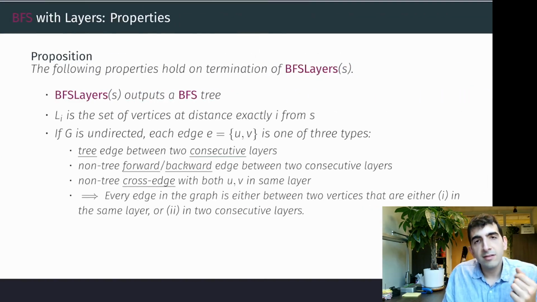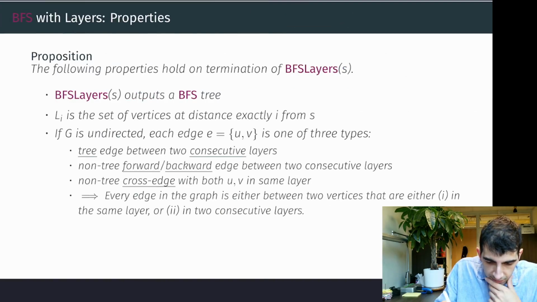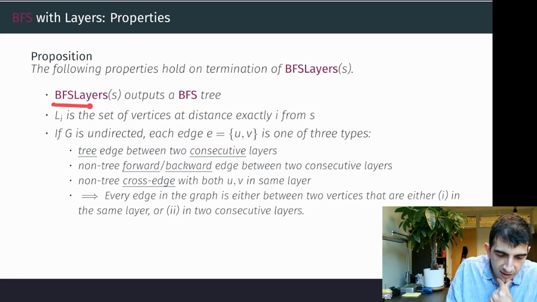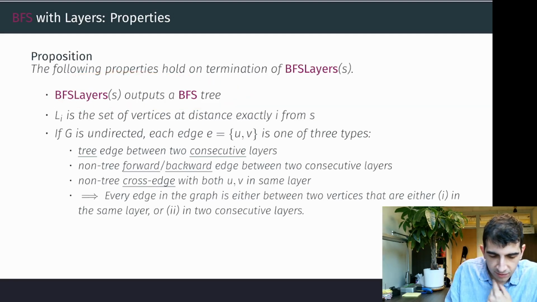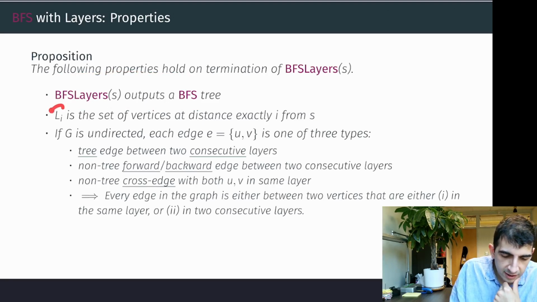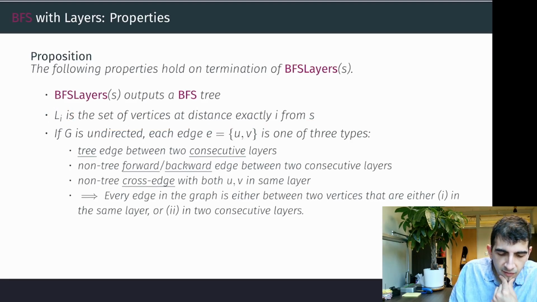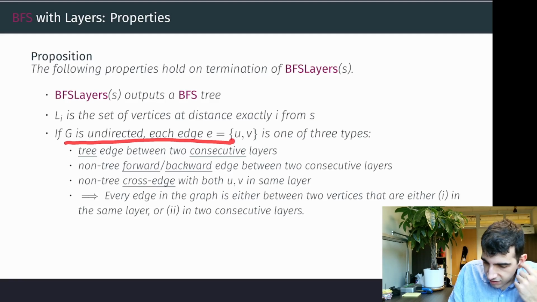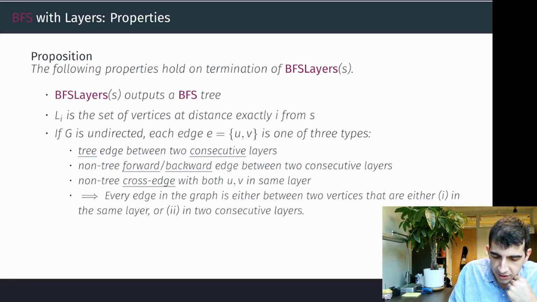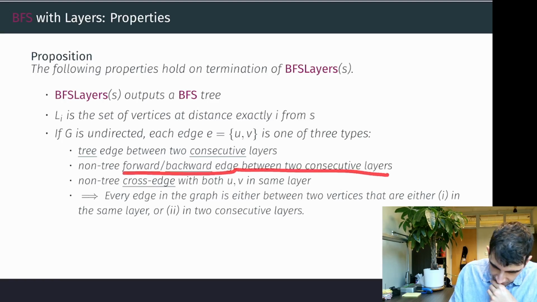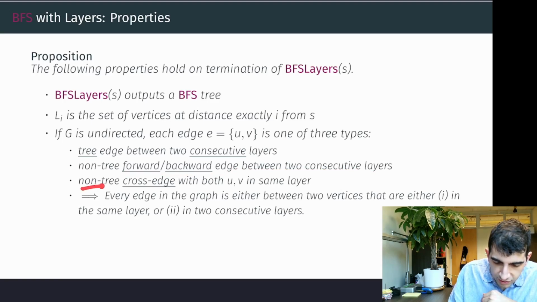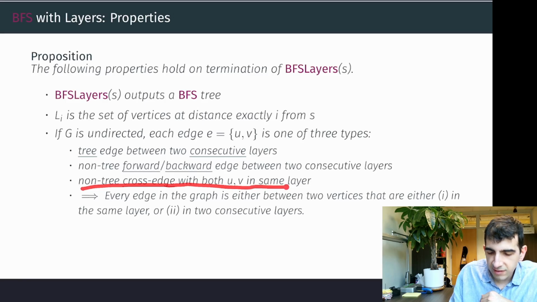Okay, so last couple properties. BFS layers outputs a breadth first search tree, and each layer is the set of vertices that are at distance exactly i from the start vertex S. And if the graph is undirected, each edge UV is one of two types: a tree edge between two consecutive layers, a non-tree edge between two consecutive layers, or a non-tree cross edge with both U and V in the same layer.